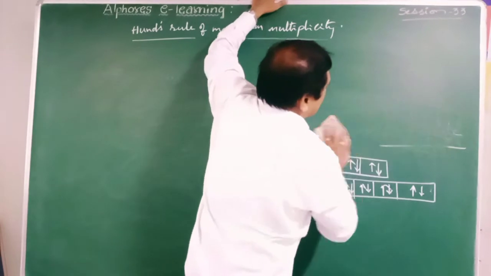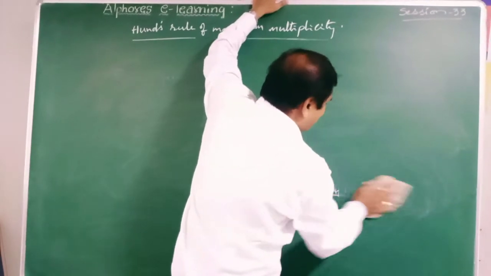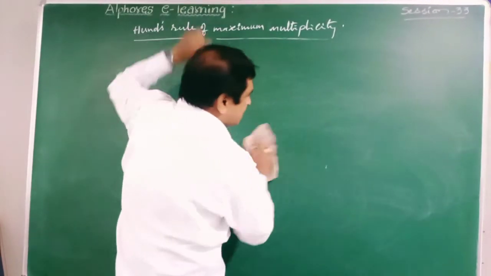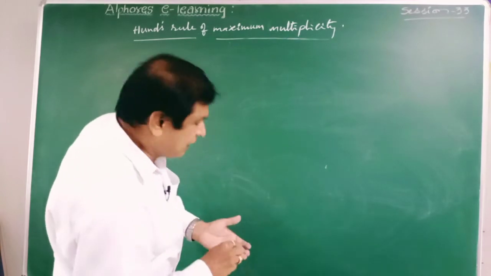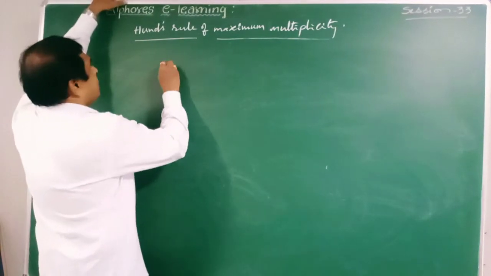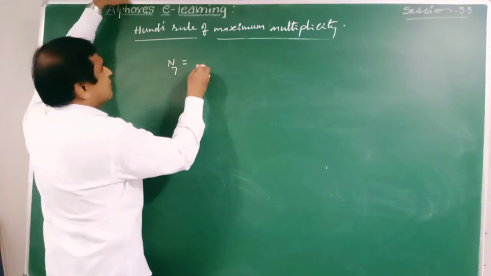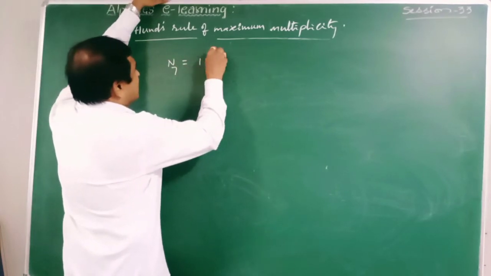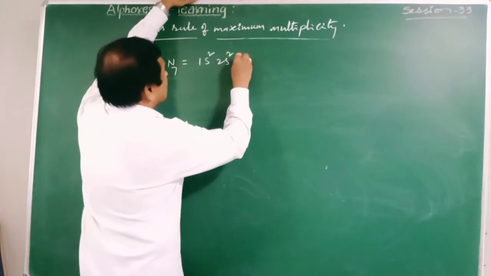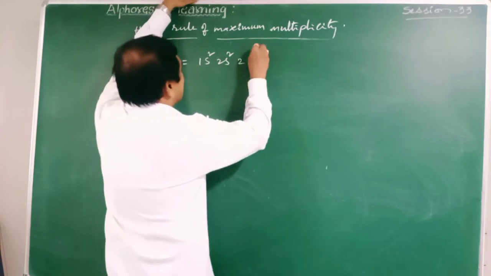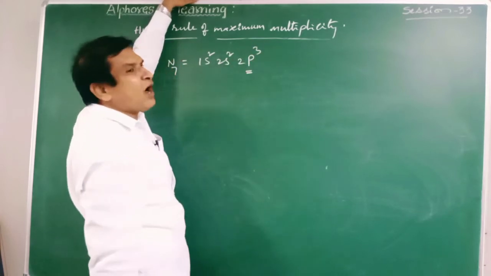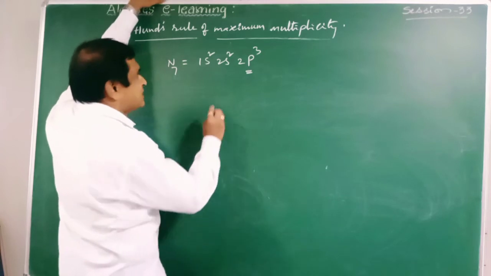The species which contain half-filled orbitals, for example, nitrogen, atomic number 7. Electron configuration 1s2, 2s2, 2p3. So the p orbital is exactly half-filled.